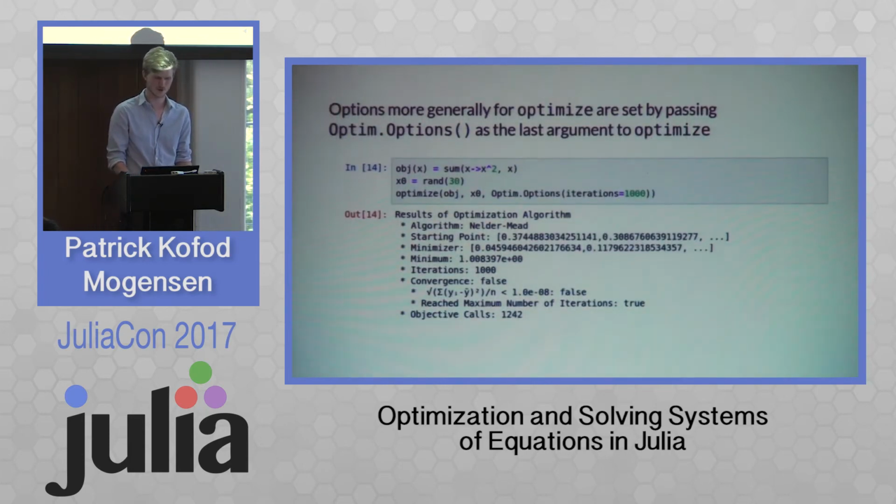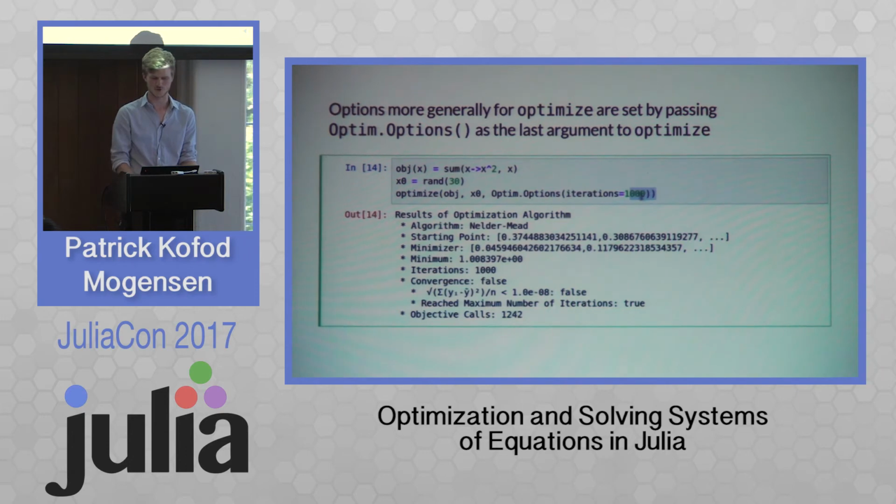If you want to provide more general options, it's the same. You provide, for example, all the objective arguments and the starting value. You could provide a method here, and then the options. In this case, we're setting just the number of iterations to the default, 1,000, but it could be 10,000 or 100,000.